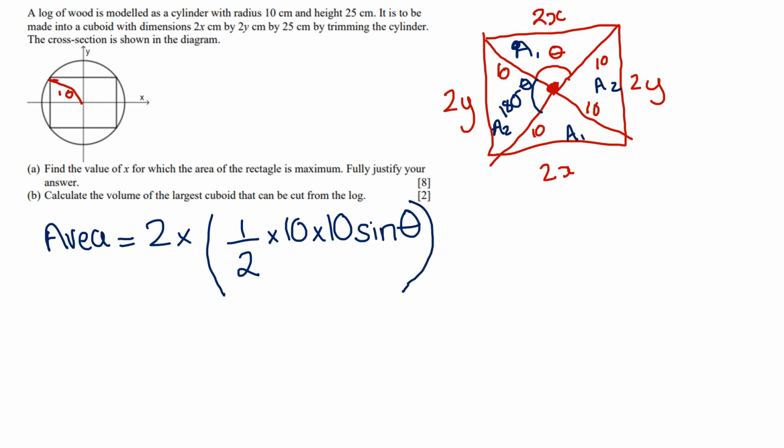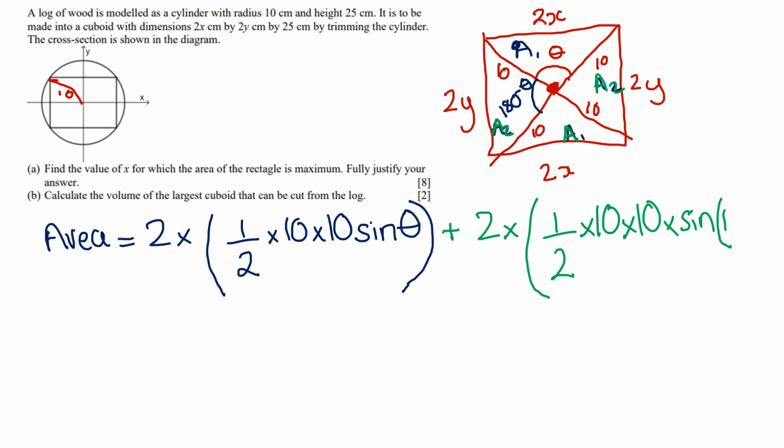Then we've got area 2, and we've got two of those. So 2 times a half times, it's still the radius, so 10 times 10 times sine, but this time that angle there will be 180 minus theta.